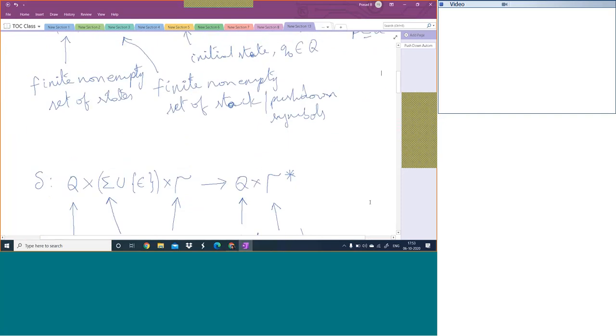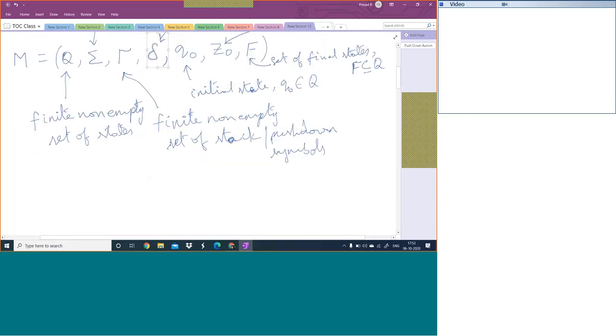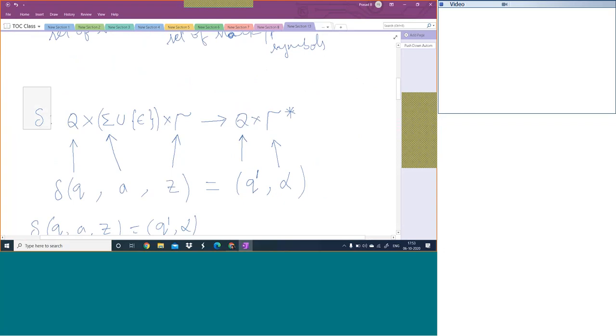Next. Okay. Here everything is clear. Set of states Q, set of inputs sigma, set of stack symbols tau, Q naught is the initial state, Z naught is the initial stack symbol, and F is a set of final states, maybe 0 or more. Everything is clear except this one. Now, this is the transition function. It is defined like this: Q cross sigma union epsilon cross tau into Q cross tau star.